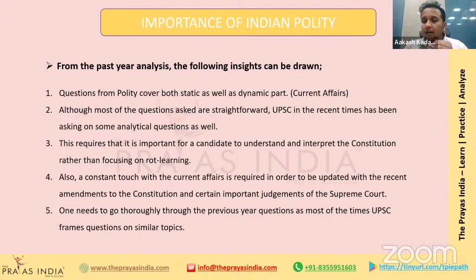Apart from that, another important insight that we can draw from analyzing the previous year questions is that most of the time, the questions that UPSC asks in the prelims examination are based on similar themes to those asked in previous years. For instance, in 2019, they asked a question on which article protects the right to marry a person of one's own choice.